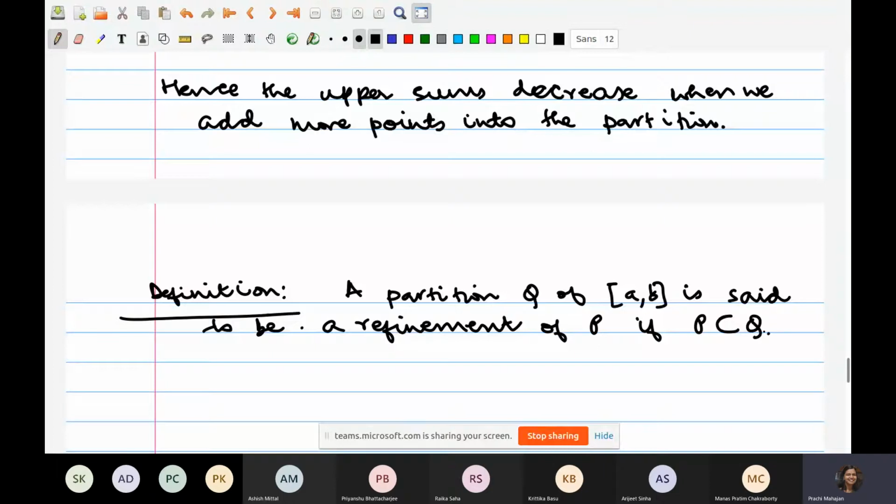This just means that we have thrown in extra subintervals to P to form Q. Correct? Is everybody with me so far?